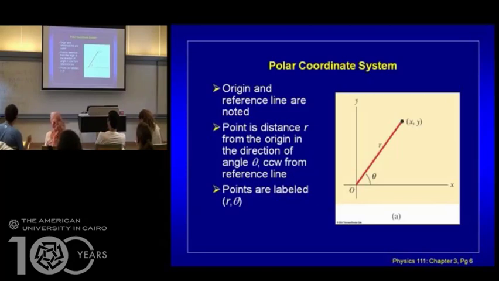Then sine theta over cosine theta, tan theta, equals Y over X. So if we know Y and X, we can find the tangent of the angle theta. And if we know the tangent of the angle theta, we can simply say that theta equals inverse tan of Y over X.